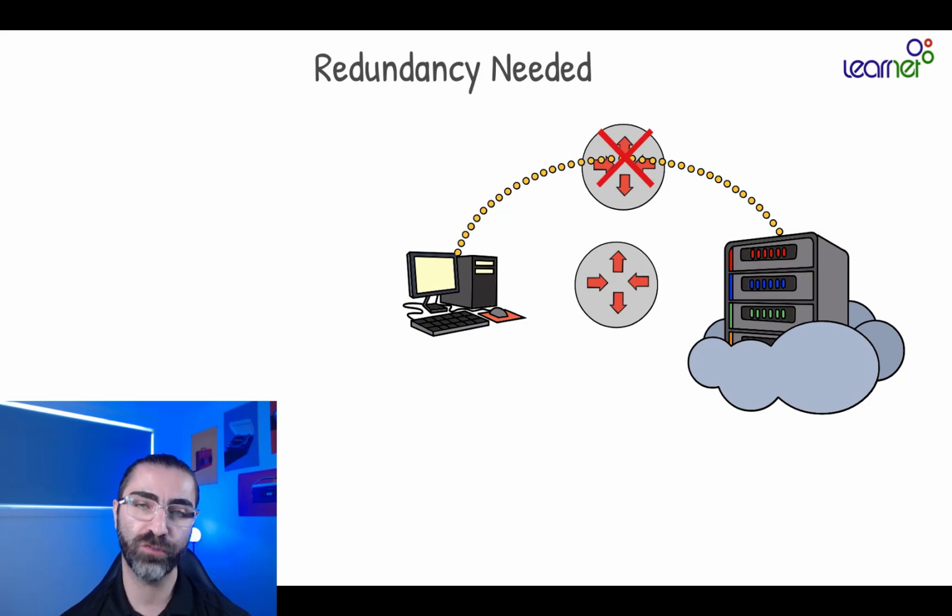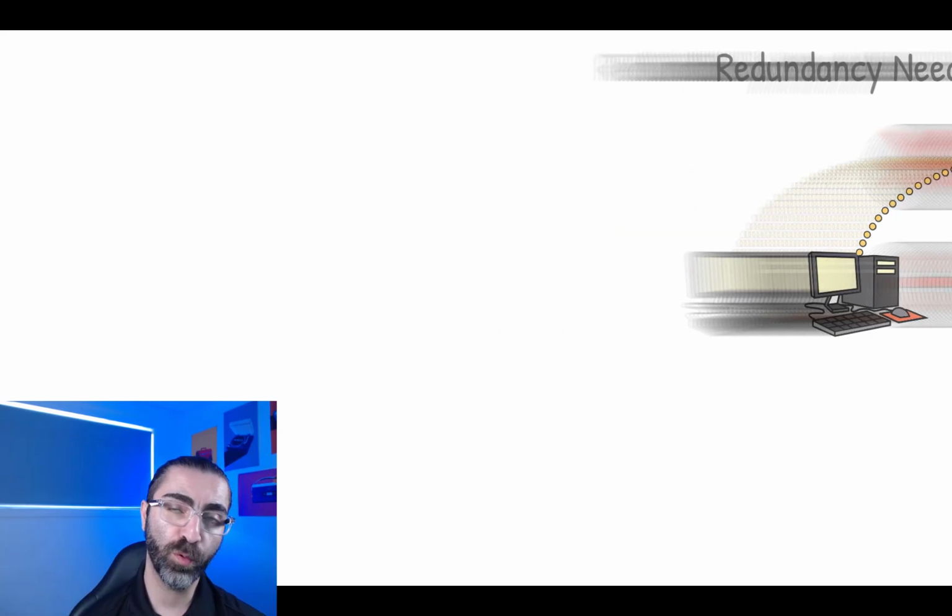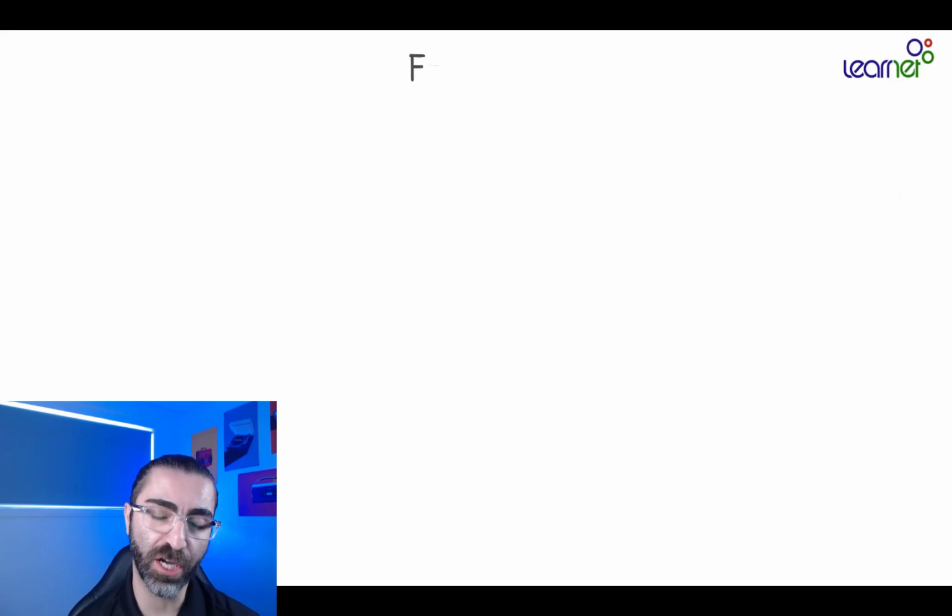So we can provide redundancy for that router. If one router fails, the other router can take the responsibility and provide network connectivity for our office or building. To provide first hop redundancy, obviously you need redundant routers and also a protocol that can handle this redundancy, which is the topic of this video.